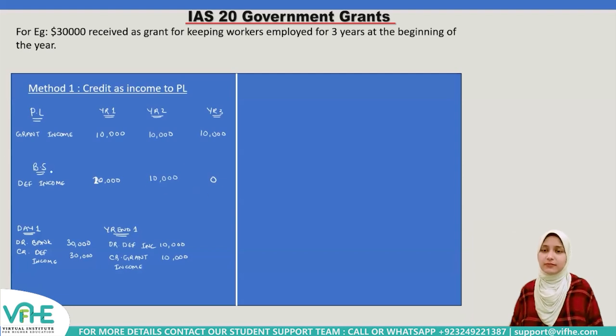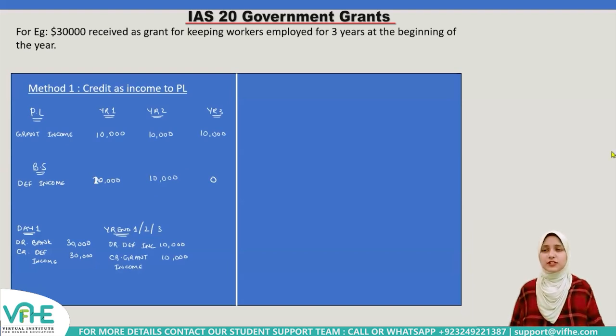Okay, deferred income meaning in the balance sheet your liability will now become nil. Okay, so this is how it would progress. In terms of journal entry, this is the same journal entry you would prepare for year 2 and year 3. As a result, you can already see the flow in P&L and in your balance sheet.